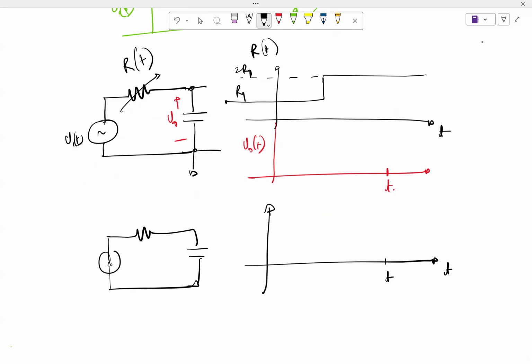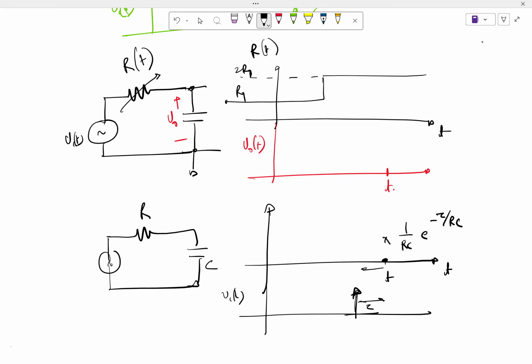So let's say I had applied an input tau before t. What would I have observed here? Say R, let's say C. What would I have observed? The value that I will observe here will be 1 by RC e power minus tau by RC. Very good. Right?